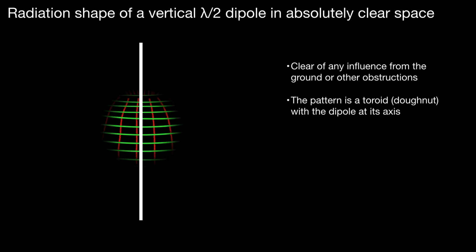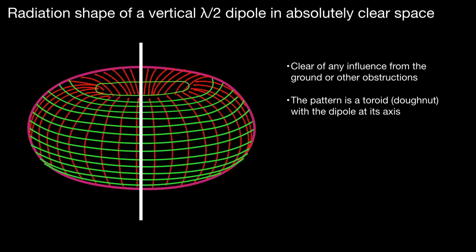Now this donut looks something like that, and there you can see the dipole at its axis.